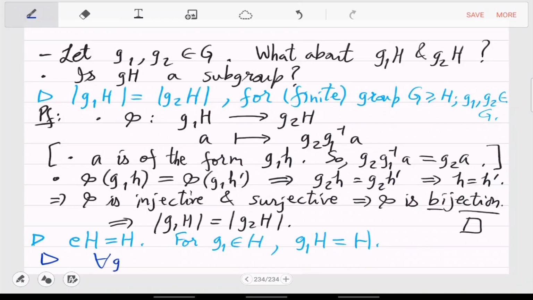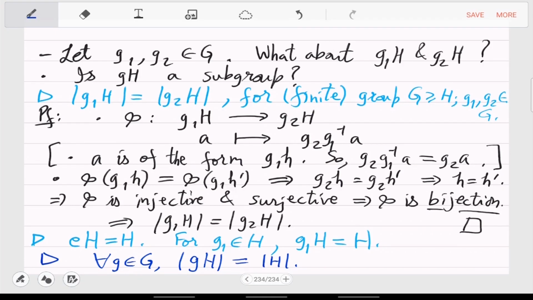So for all group elements of G, GH is of the same size, which is the size of the subgroup H. Okay, so in the case of finite group, these are the sizes. In the case of infinite group, these are bijections.